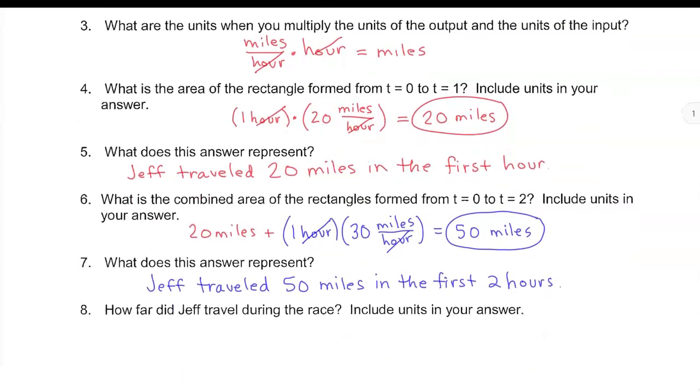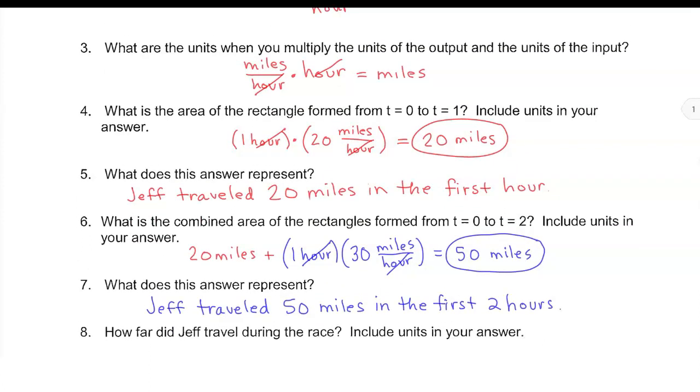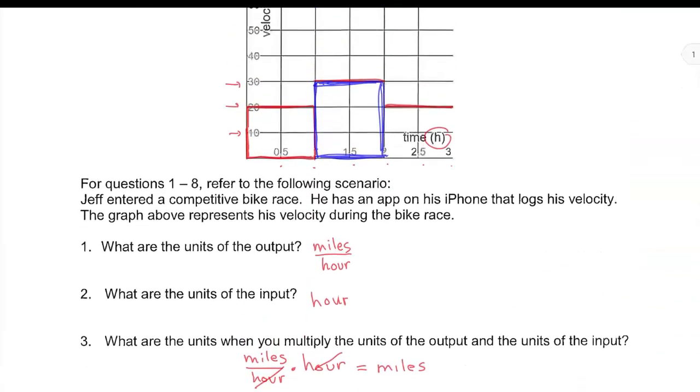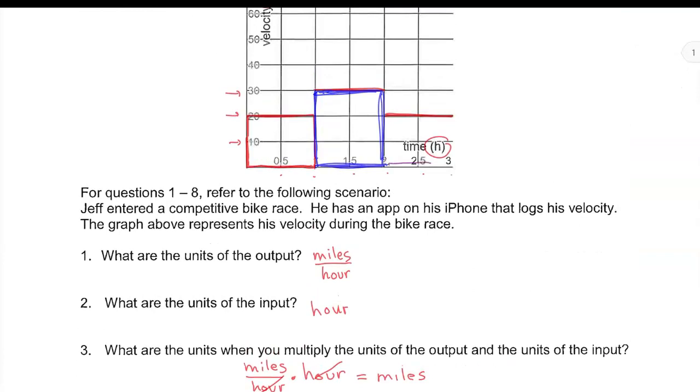And then number 8 is asking how far he traveled during the entire race. We know that from t equals 0 to t equals 2, he traveled 50 miles. We can write 50 miles down, and then we're going to add on the distance traveled from t equals 2 to t equals 3. Looking back at that picture, t equals 2 to t equals 3 means the base of the rectangle is 1, and then the height is 20.